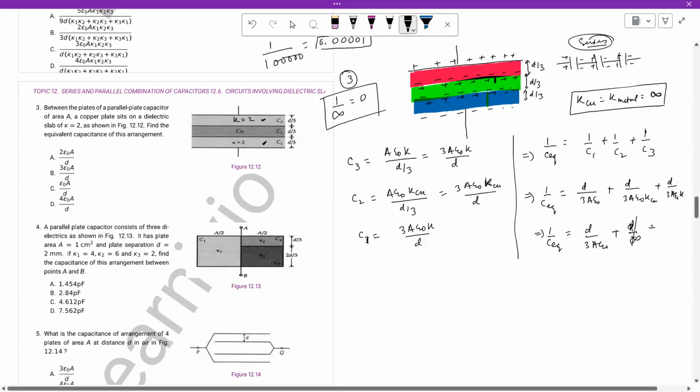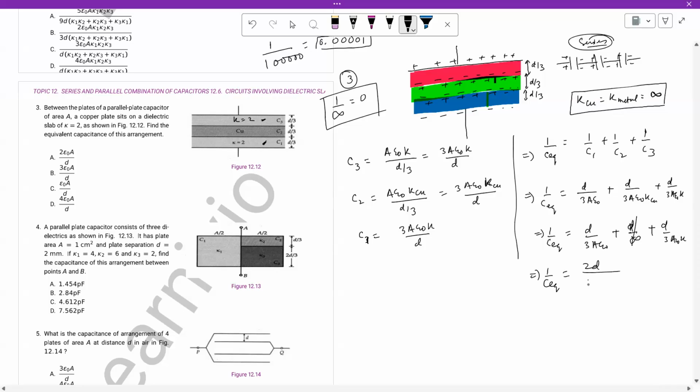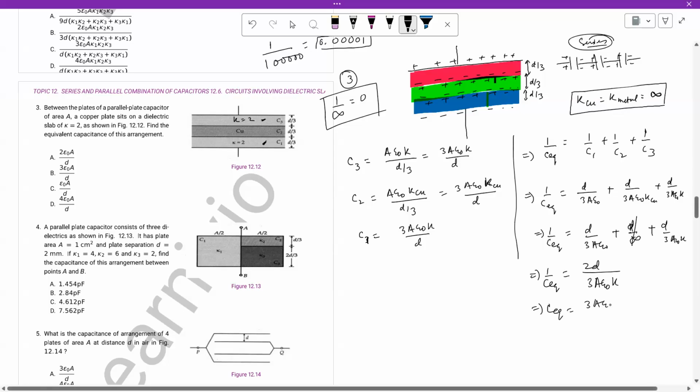So this is zero, and then this is d by 3 A epsilon naught K. So 1 by C equivalent is 2d divided by 3 A epsilon naught K. So C equivalent would be 3 A epsilon naught K by 2d. K they have given, that is 2.